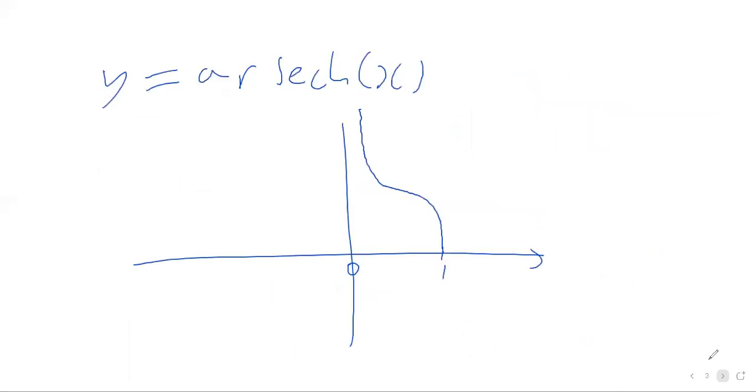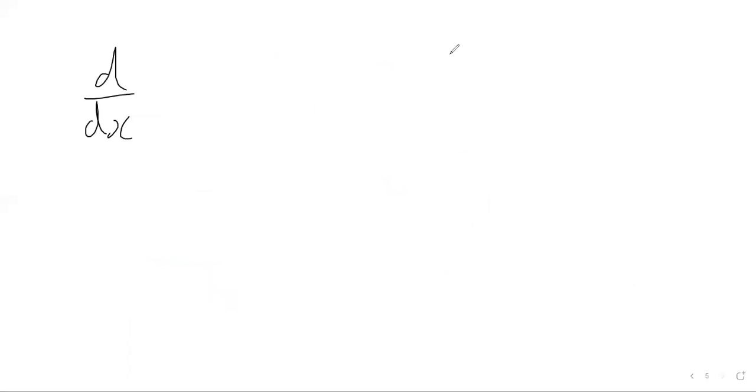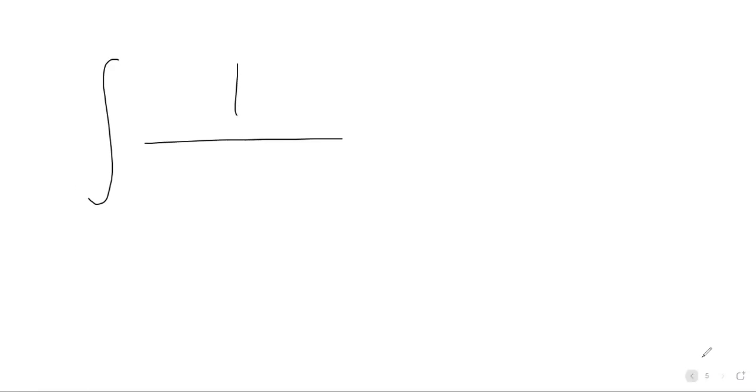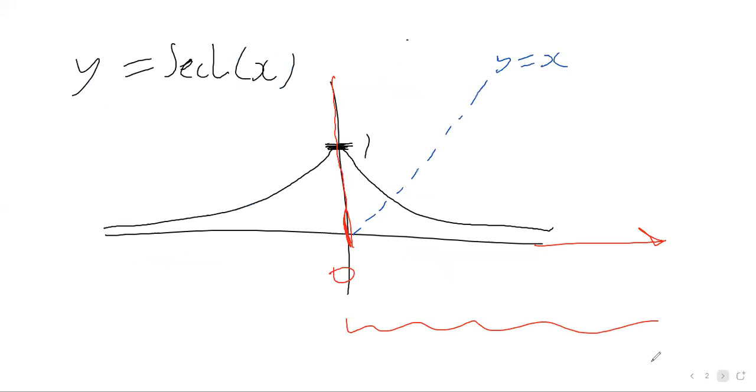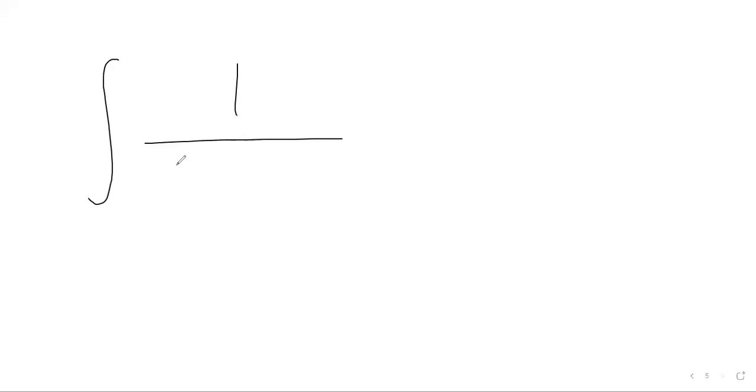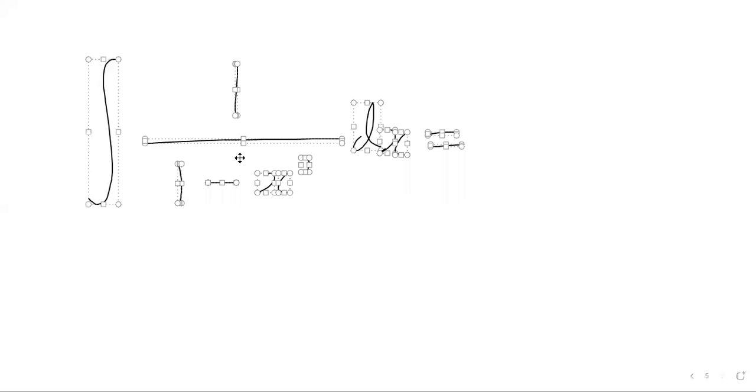So something we made clear in that video is that when you integrate this 1 over 1 minus x squared function, it depends what part of the domain of x values you're working with.